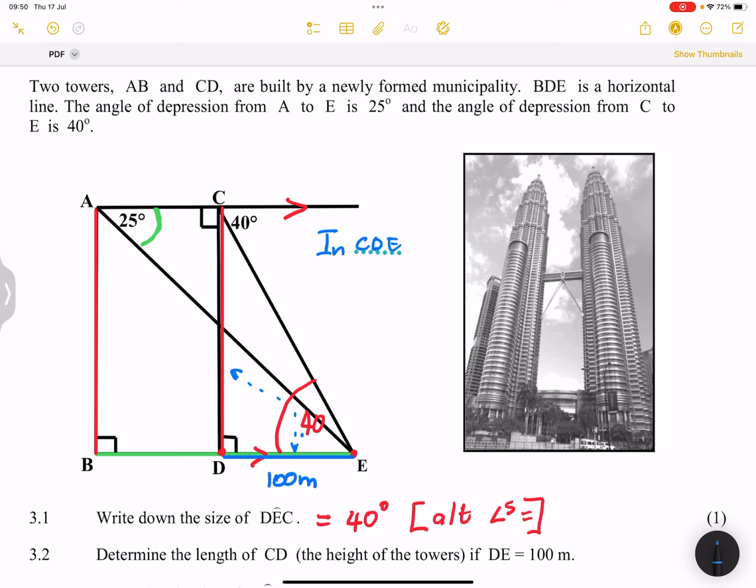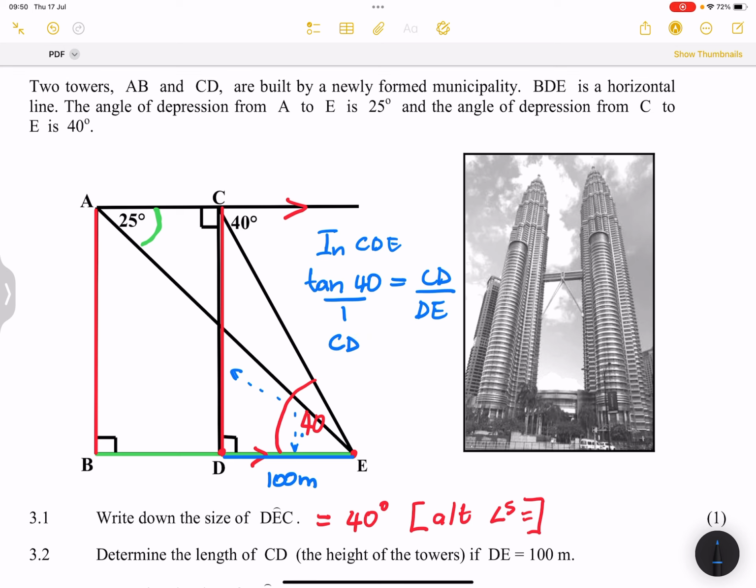So I'm going to say, well, the tan of 40 degrees, or the tan of DEC rather, is equal to opposite, which is CD, divided by the adjacent side, which is DE. Now we can cross multiply.